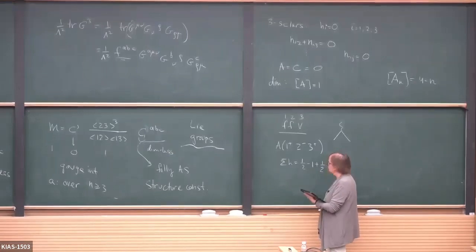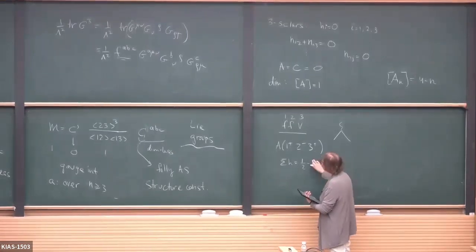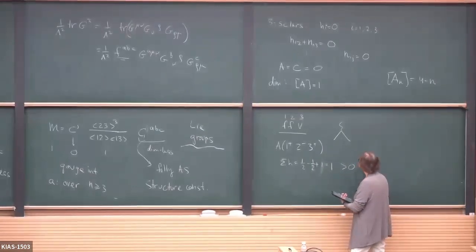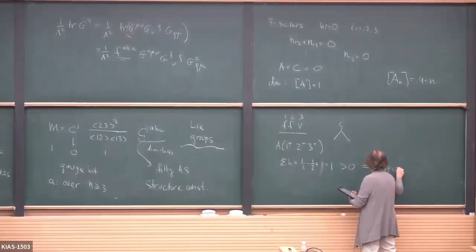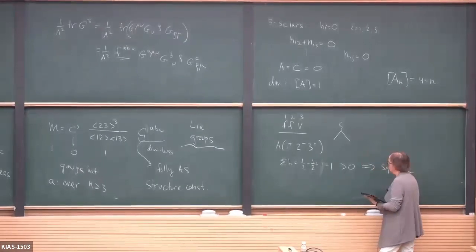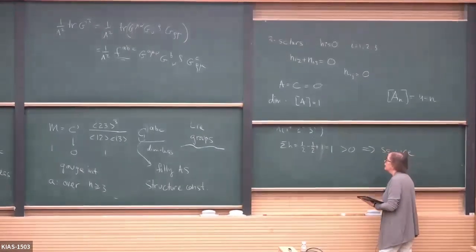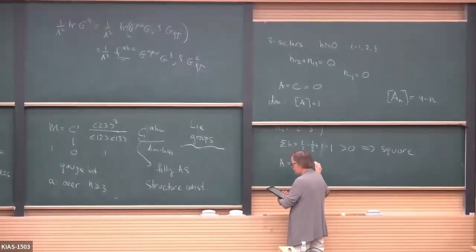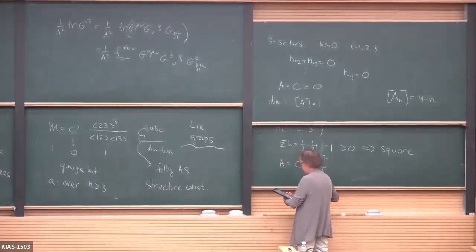So actually, no, sorry, this was minus 1/2 plus 1. So that's 1, which is bigger than 0. So that tells me that I have to live in square kinematics. And the amplitude in this case has to be some c times [1 3] squared divided by [1 2].